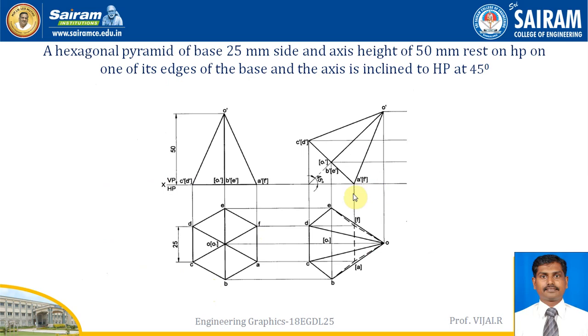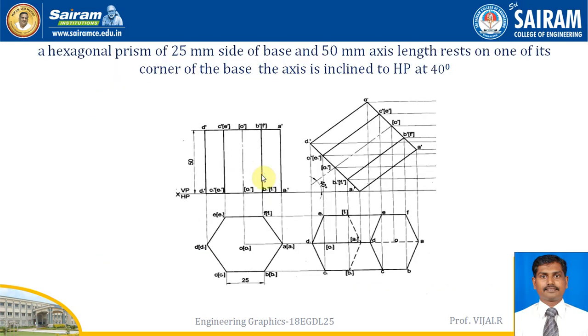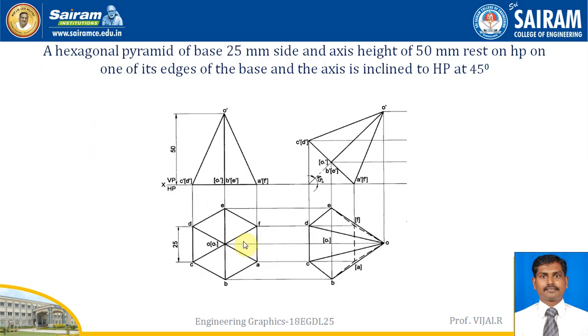One important thing we have to do, and I am saying it again, is when tilting to HP, tilting a prism is different. By taking this axis you can rotate the axis, and this will be similar, so you can take and rotate here. But in this case we cannot take 45 degrees. If you take this 45 degrees which is given here, the whole problem will be wrong.